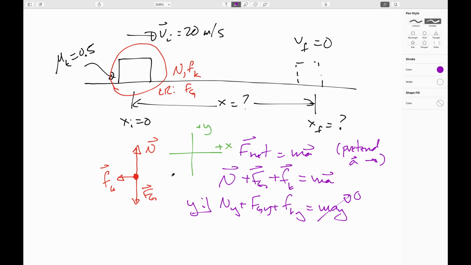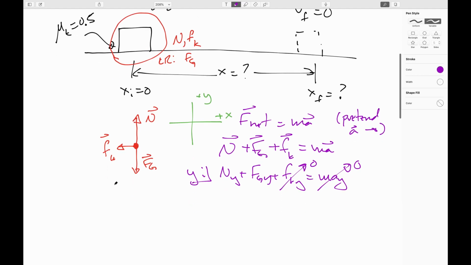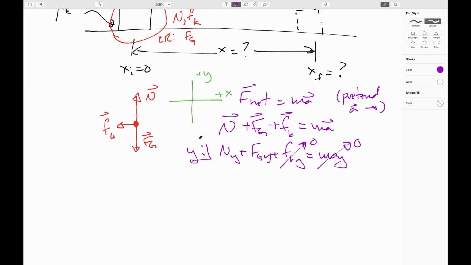Similarly, F_k acts only in the x direction, so that's 0. The normal force points entirely up, so we can just say n. Gravity points entirely down, so we say minus F_g. That equals 0. So the normal force is equal to F_g, which is mg in this case.